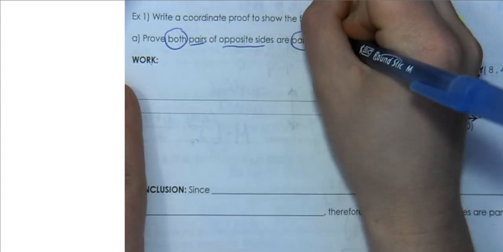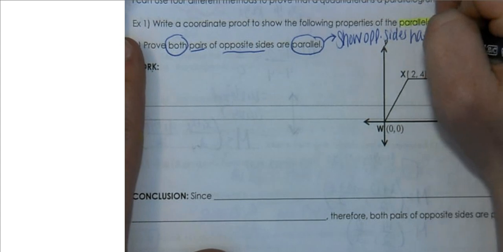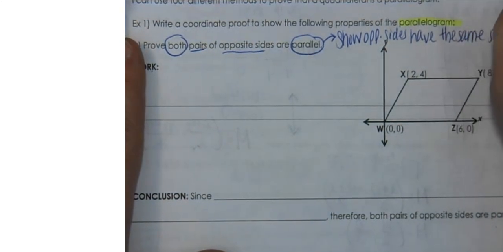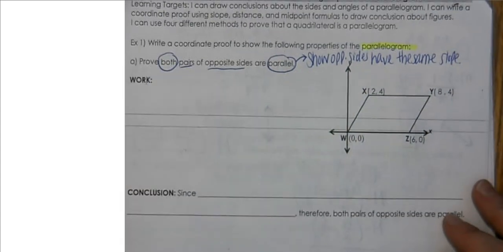So if we're trying to prove that opposite sides are parallel, what we want to show is that opposite sides have the same slope. That's what we want to show. We want to show that opposite sides have the same slope.